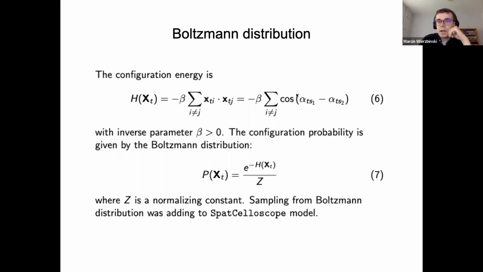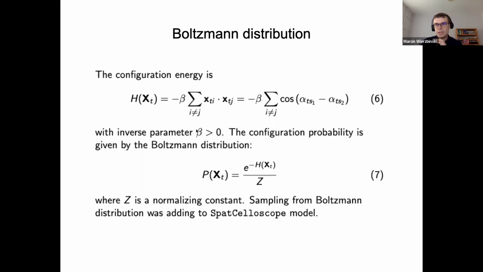So this is the sum over the whole lattice, all sites, and our inverse parameter. The inverse parameter means the temperature of our system.